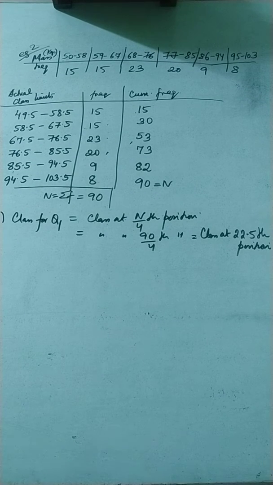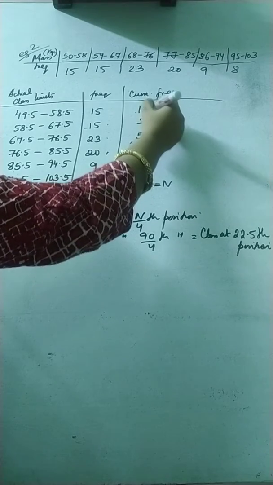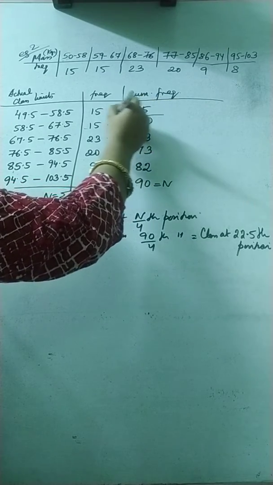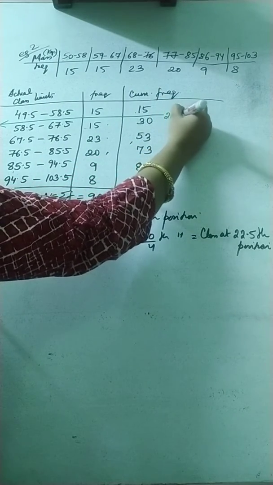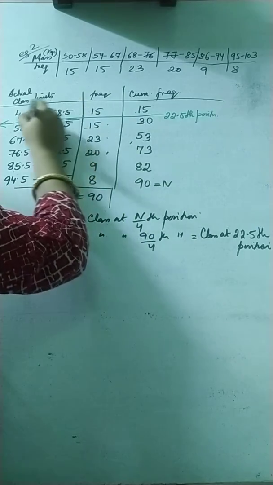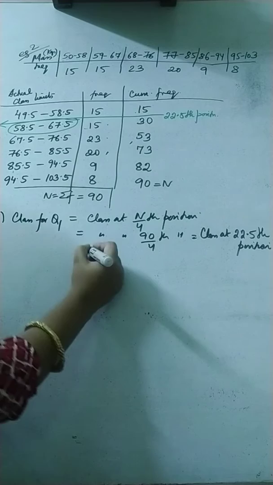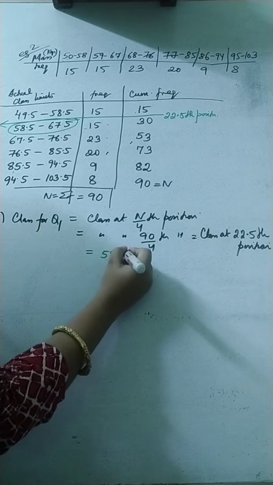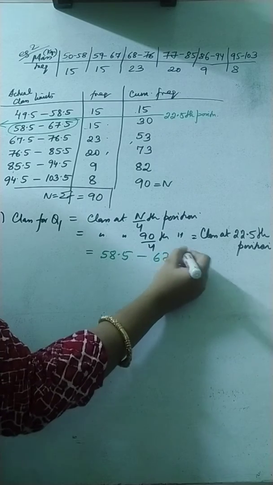What is the class at 22.5th position? Let us see. That means beyond the 22nd position, whatever is there. So this is 15 and 30 over here. That means 22.5 will be in between over here. The class interval will be this one, 58.5 to 67.5.